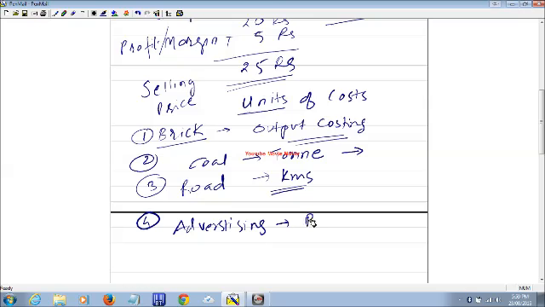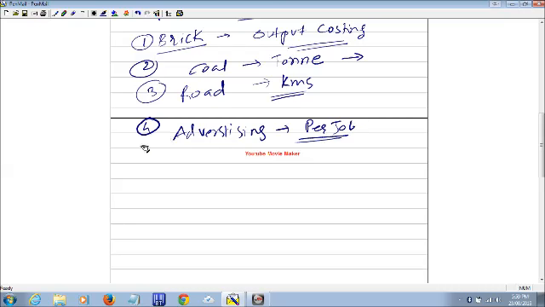Fourth, we have the advertising industry, as per the job. For example, a job in YouTube pays money for advertising, or you can have TV ads. The advertising industry also requires cost sheets to be prepared. Now we have interior designing also, and interior designing people also require cost sheets to be prepared.